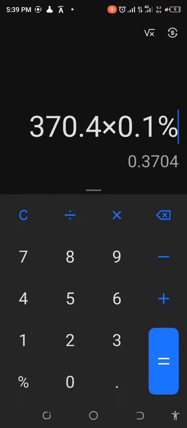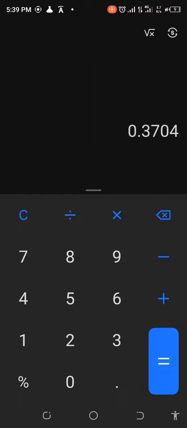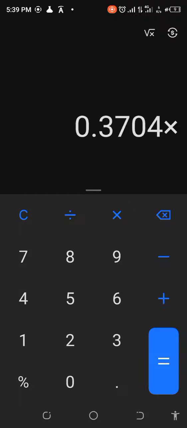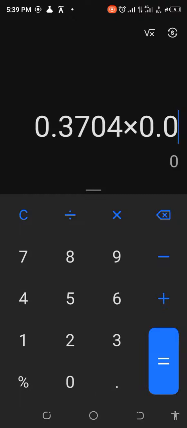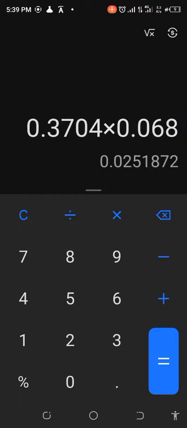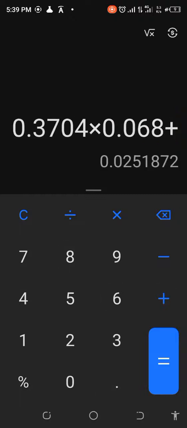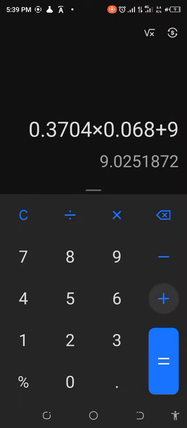All right, so for us to know what that is in dollar terms, we'll just come here, equals this, and then we will multiply it by the price of one TRX, which is 0.068. We sold it like 0.069, right? No, that's not right.